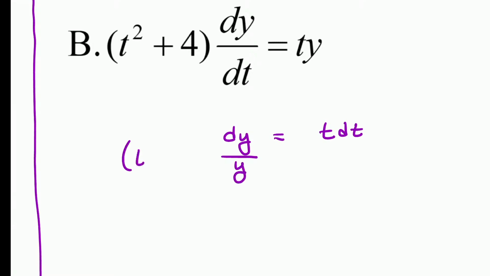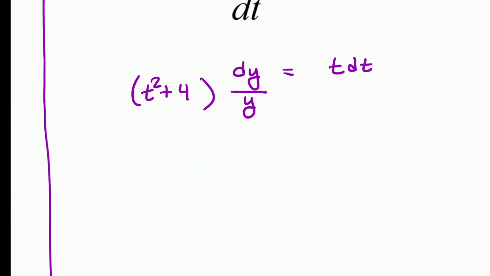And then what happens to this t squared plus 4 that's hanging out front here? Okay, so I'll divide it on the right side. It may take a couple of steps like this to get everything looking good, but here's t over t squared plus 4 dt. That's not bad. In fact, I'm going to do this without rewriting just because it'll be easier. 1 over y dy, if that's okay.